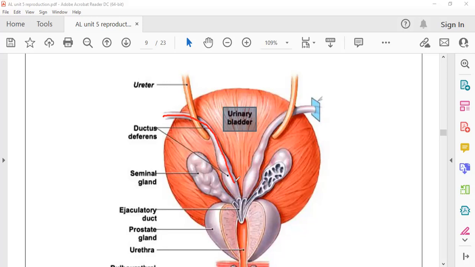Yes, sir. This vas deferens, can you notice, in this place joins with the duct of the seminal vesicle? After joining, can you notice a single small duct is formed?